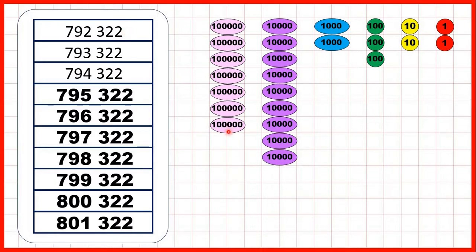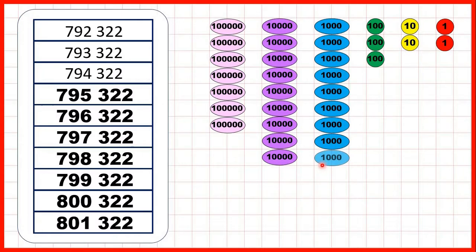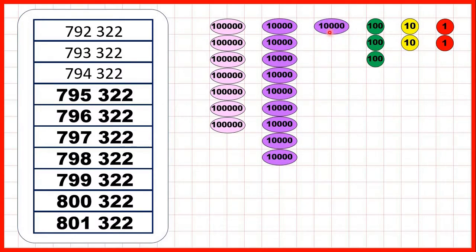Then we started with 792,322. So that's 700,000s, 9 10,000s, 2,000s, 300s, 2 tens, and 2 ones. We were counting in thousands, so if we add another 1,000 counter each time, when we get 10 1,000 counters, we need to exchange those for 1 10,000 counter.